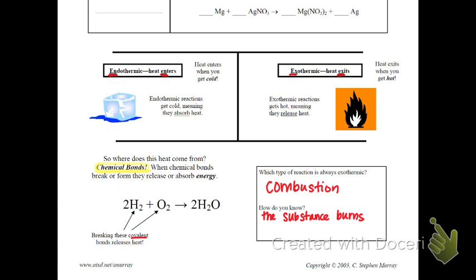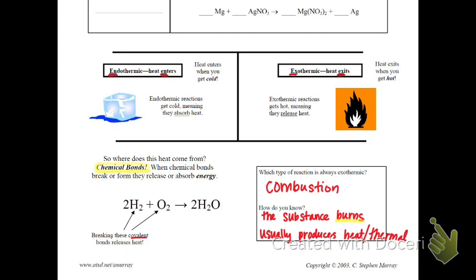When something burns, it usually produces heat. Like you can actually feel the heat or thermal energy.